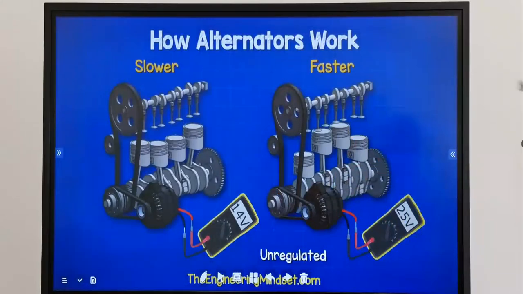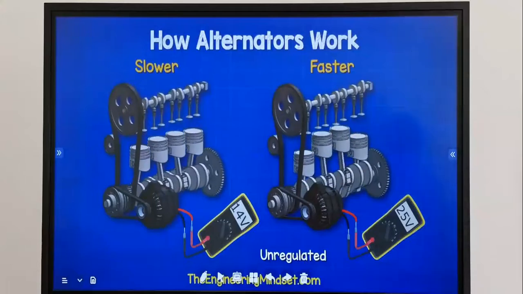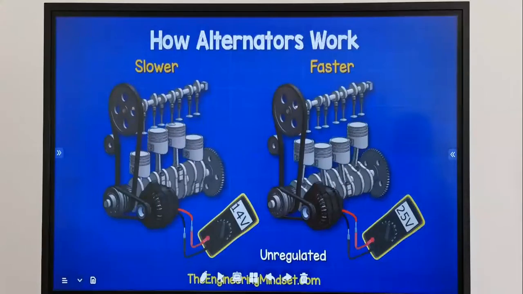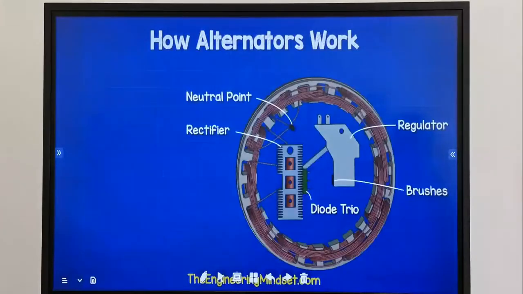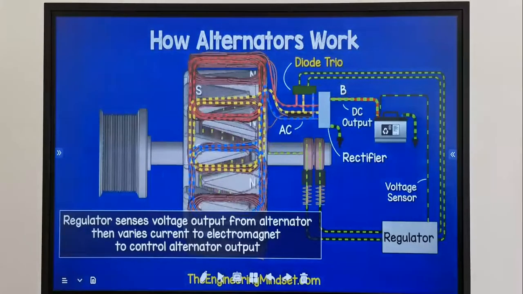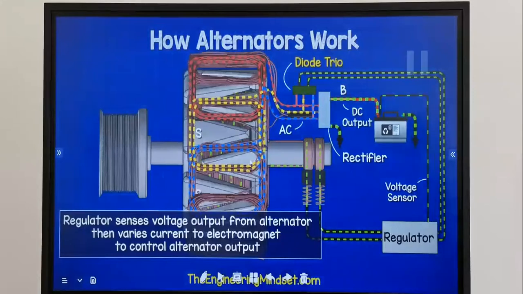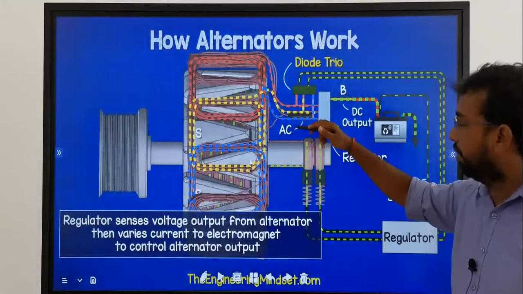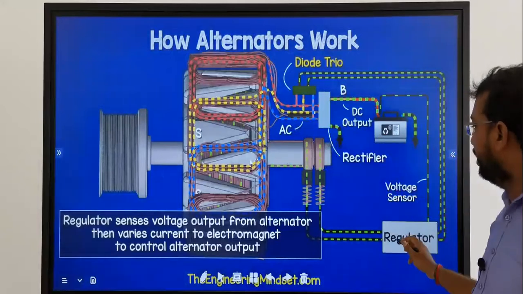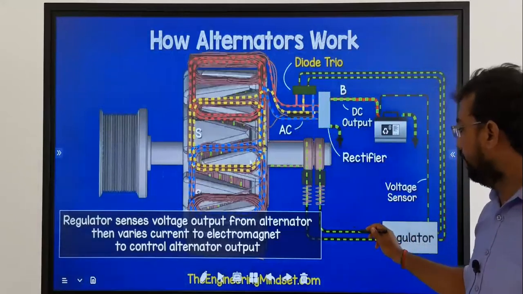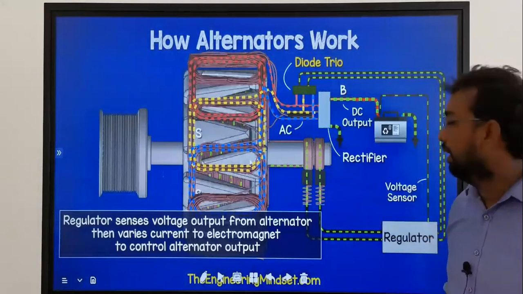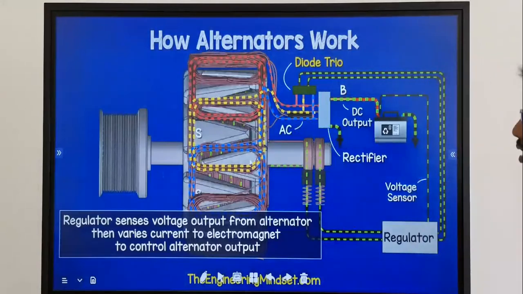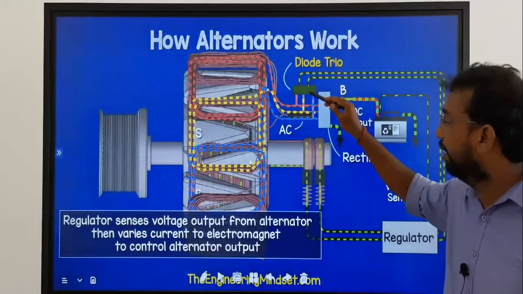The regulator, as the word regulate means, supplies the current to this rotor. If the rotation is high, the regulator reduces the supply current to the rotor, so that the output is balanced.